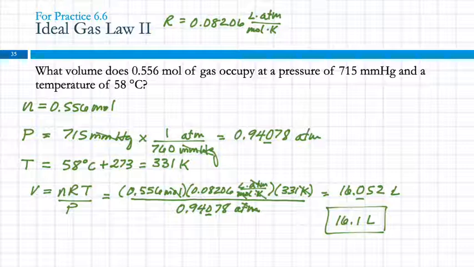Yes? So when we convert from 58 degrees Celsius to Kelvin, should it be 2 sig figs there, or are we going to keep it as 3? So that's a good question. When we convert 58 degrees Celsius to Kelvin, what do we do about the sig figs? Well, following the rules for significant figures, when we add, we keep the same number of decimal places.